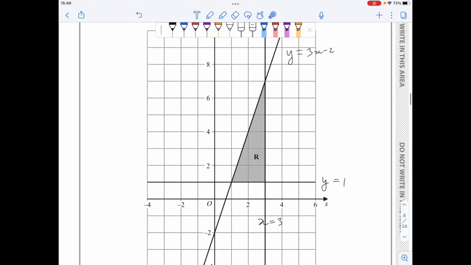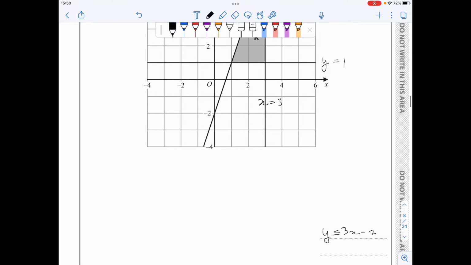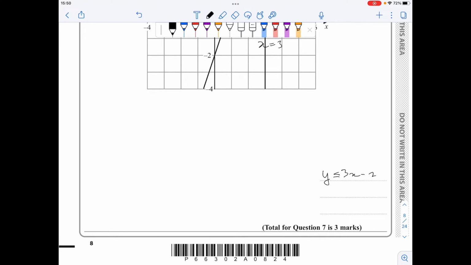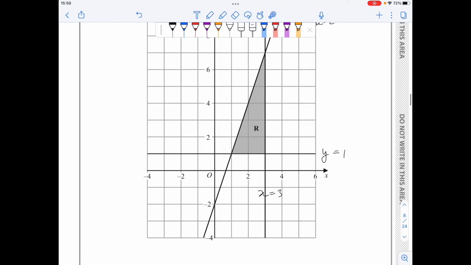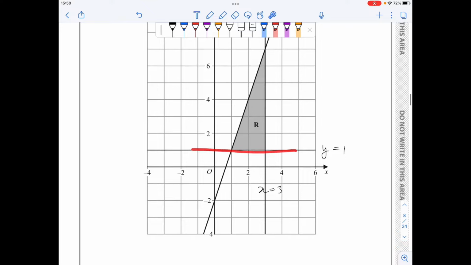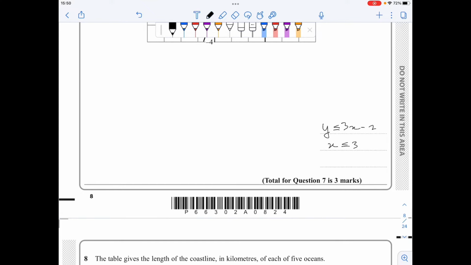The region is to the left of the line x equals 3, so the corresponding inequality is x less than or equal to 3. And finally, the region is above the line y equals 1, so the inequality will be y bigger than or equal to 1.